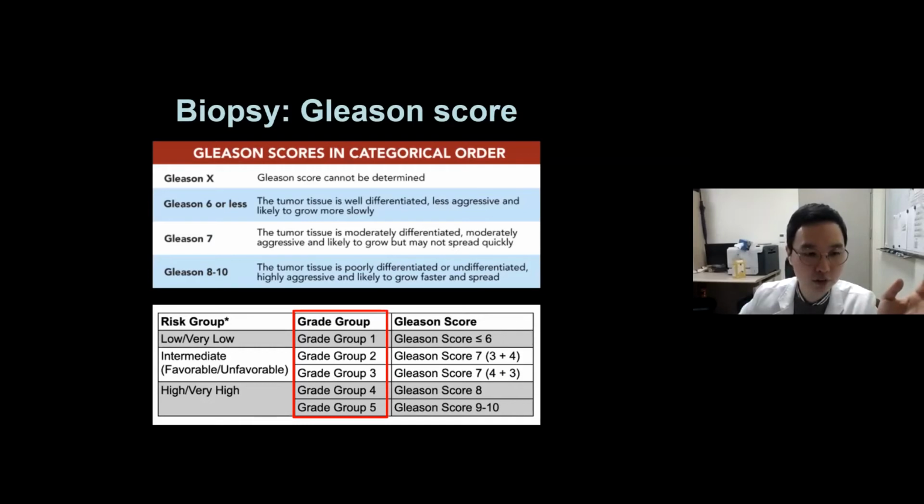So these Gleason scores were reorganized as grade groups. As I gave you an example, although it is the same Gleason score 7, it was divided into 3 plus 4 and 4 plus 3. And as you can think, 4 plus 3 is positioned as a higher grade group.